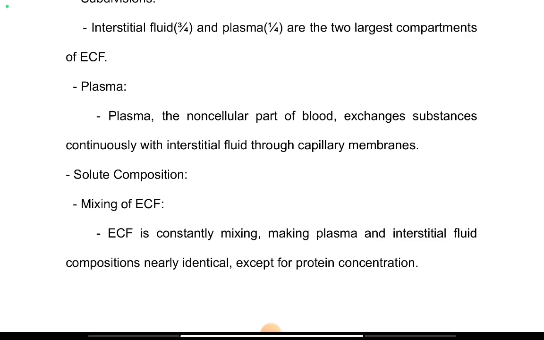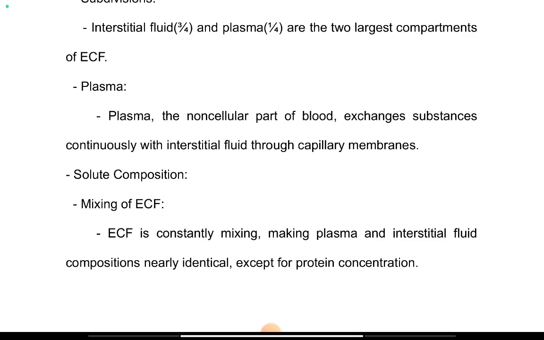And I also told us that communication or exchange exists between the plasma and the interstitial fluid, except for protein concentration. In cases when the protein leaks, the lymphatic system is there to transfer fluid and protein back from the interstitial fluid into the plasma. And variation exists.